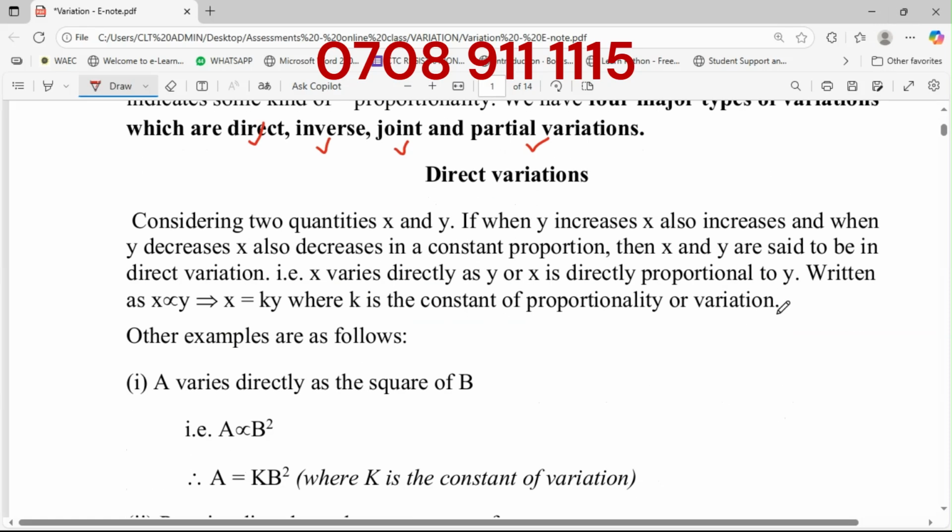Direct variation considers a situation where an increase in one quantity causes a corresponding increase in another quantity. So an increase in one causes an increase in the other. There are many real life situations where you find such a relationship between quantities.